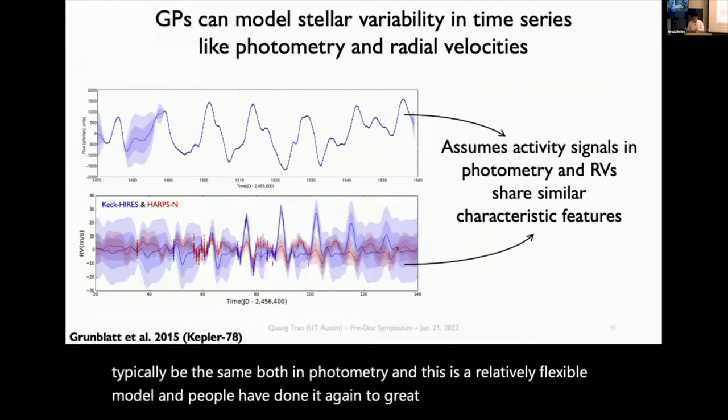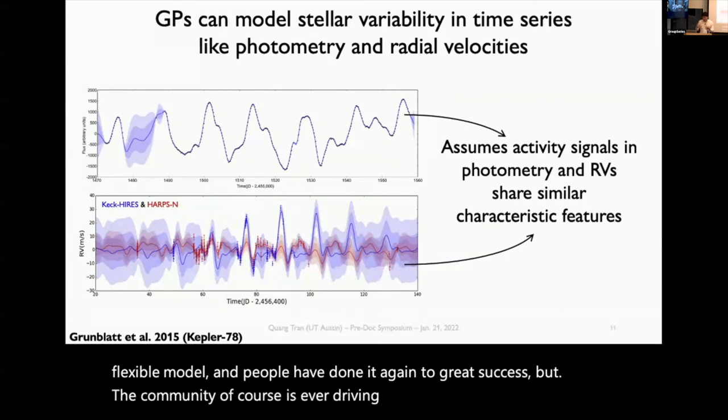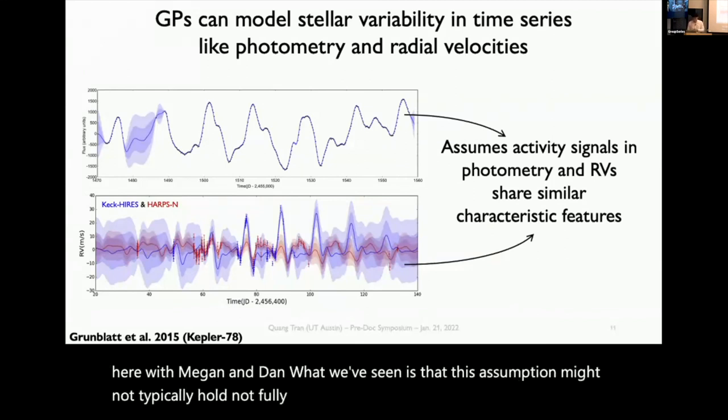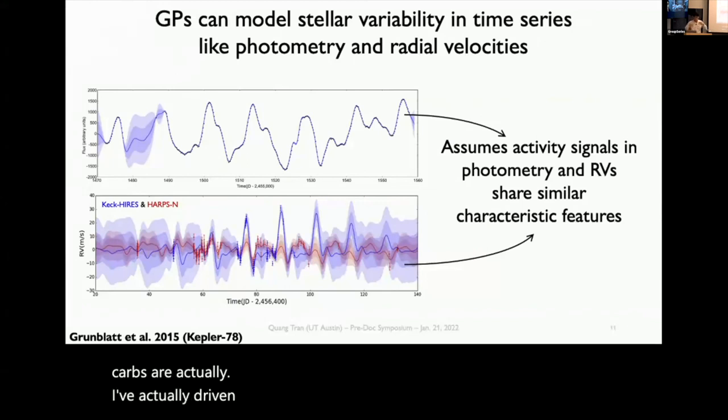But the community is ever driving forward. Even in our cases here with Megan and Dan, we've seen that this assumption might not fully hold true: the characteristic features of the activity models latent in the photometry and in the RVs are actually driven by different mechanisms and ultimately manifest in different ways.